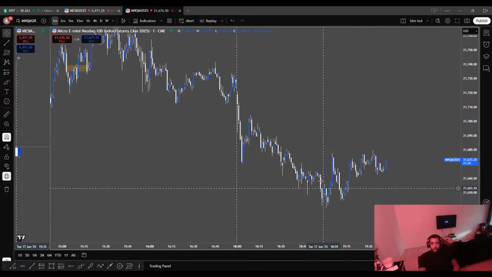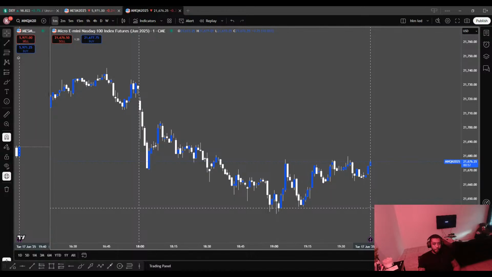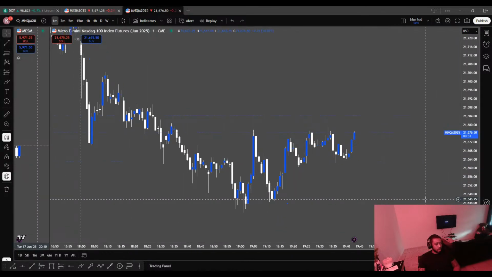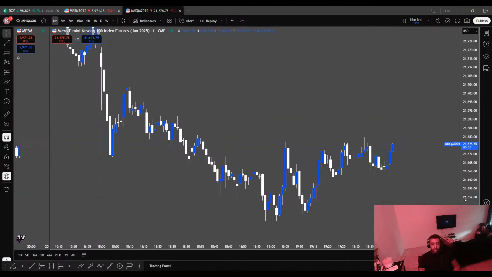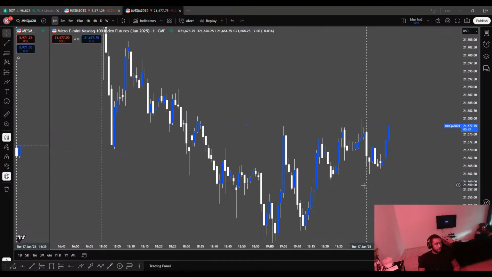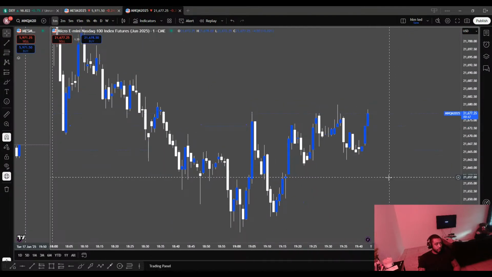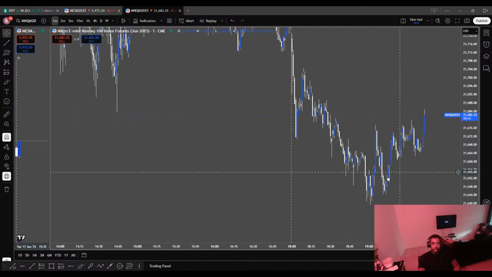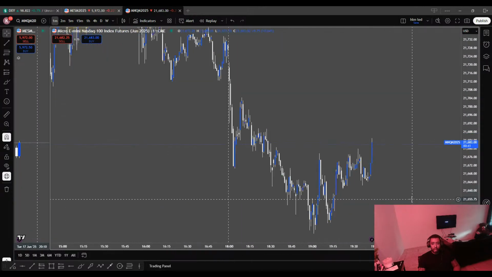Let's pop open this chart right quick. So I got some new chart colors. Just trying these out. I don't really like it too much, but we caught a nasty trade today.